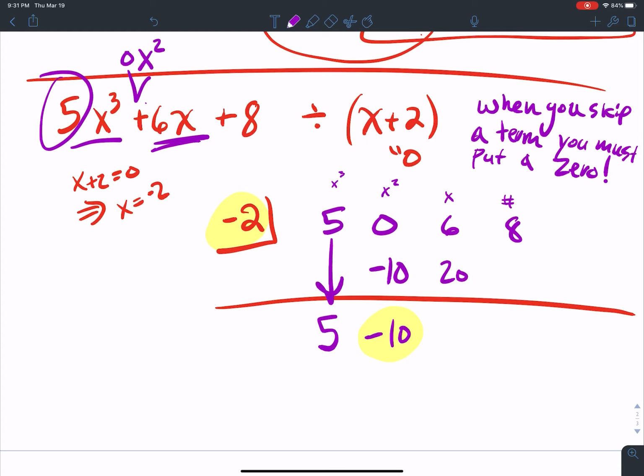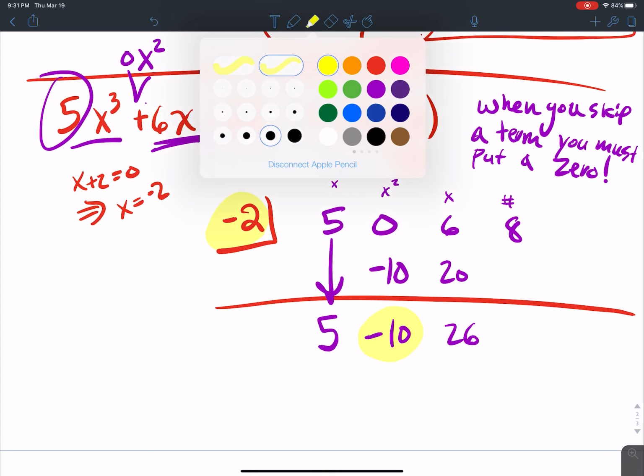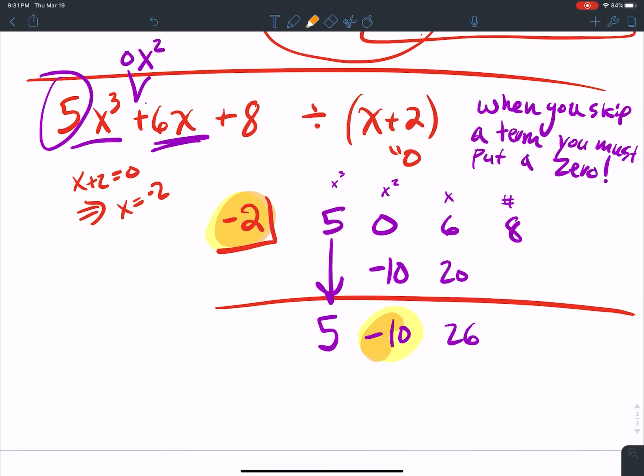And then 20 plus 6 is 26. And I multiply again. What's below the line? -2 and 26. What's that going to get me? That's going to get me, oh my gosh, 52 negative. Okay, negative and positive make a negative. Add those together, I get -44.